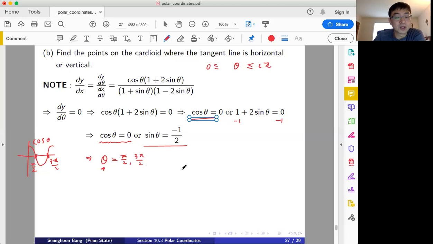Two angles. Now sine theta equals minus 1/2. What is the angle? You can use the unit circle method or the reference angle. I want to use a reference angle. Sine theta prime equals 1/2. What is theta prime?